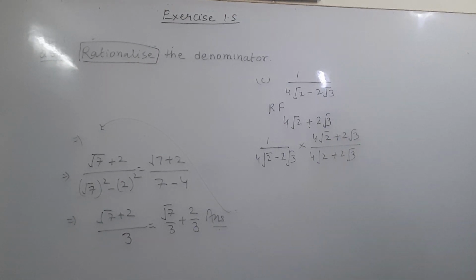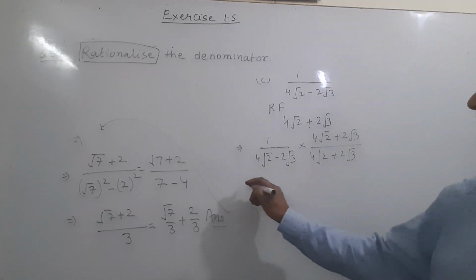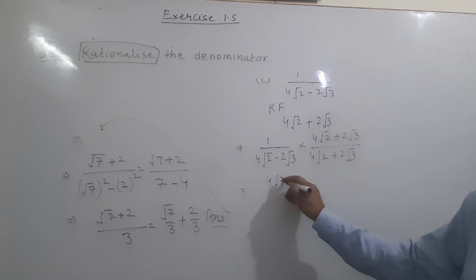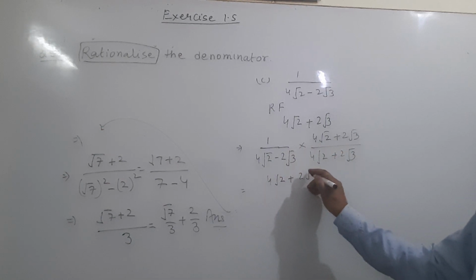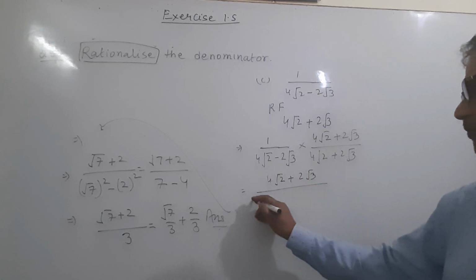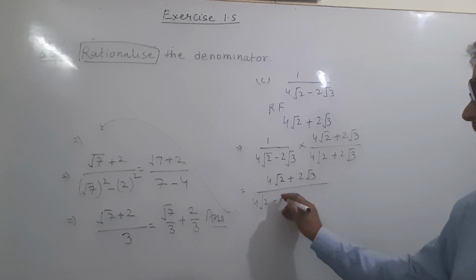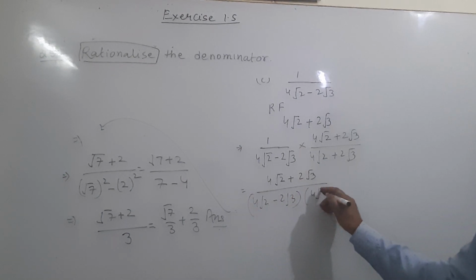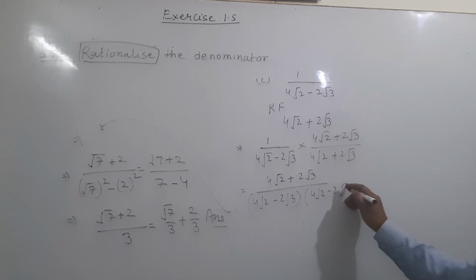Multiply and divide by the same number. The numerator will be 1 multiplied, 4 root 2 plus 2 root 3, upon 4 root 2 minus 2 root 3 multiplied by 4 root 2 plus 2 root 3, sorry, here is plus.